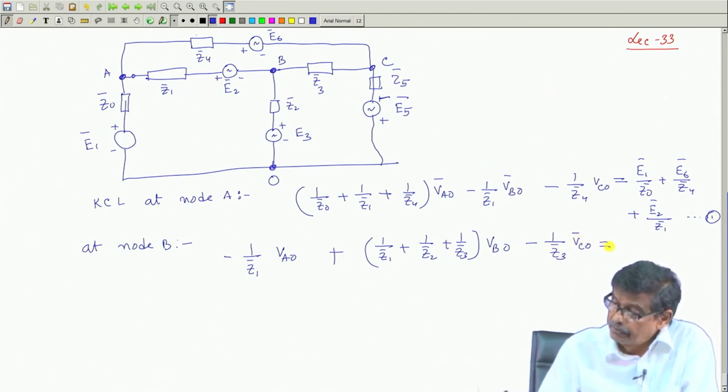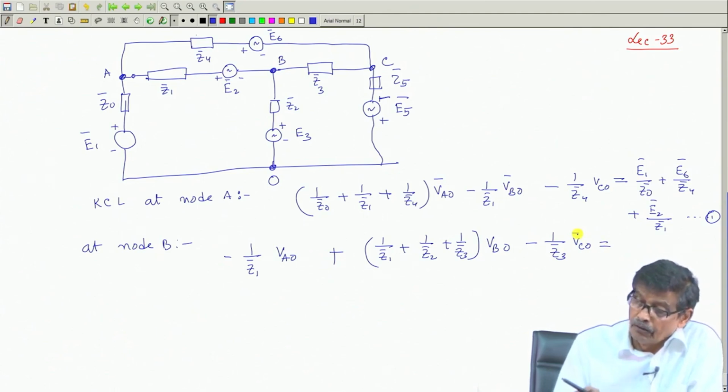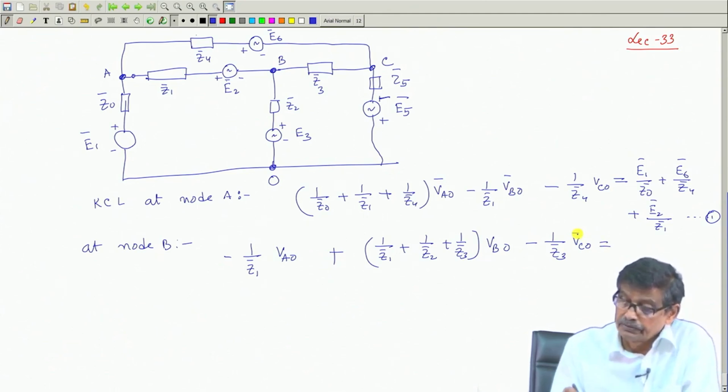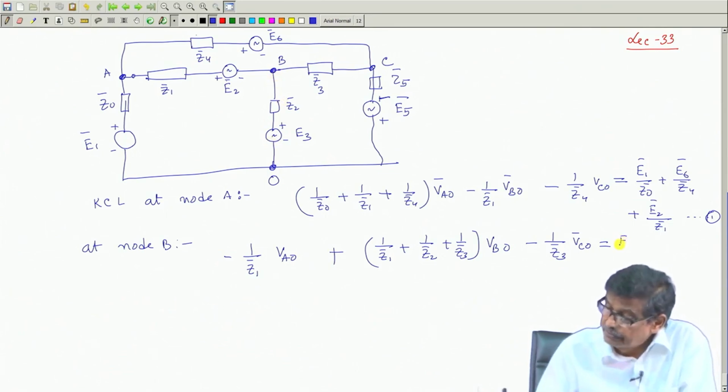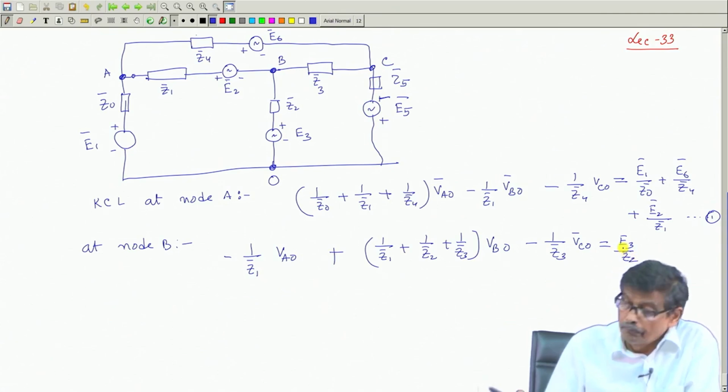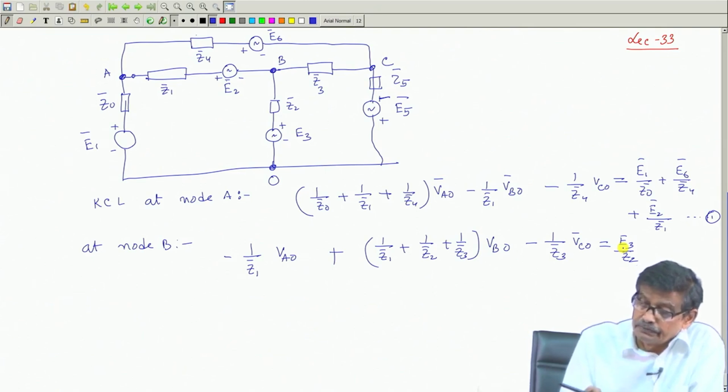And this will be equal to all the sources. So, E3 connected to B, E3 by Z2 will be current in this direction. So, that will be positive. All are complex numbers, E3 by Z2 with a plus sign to B.